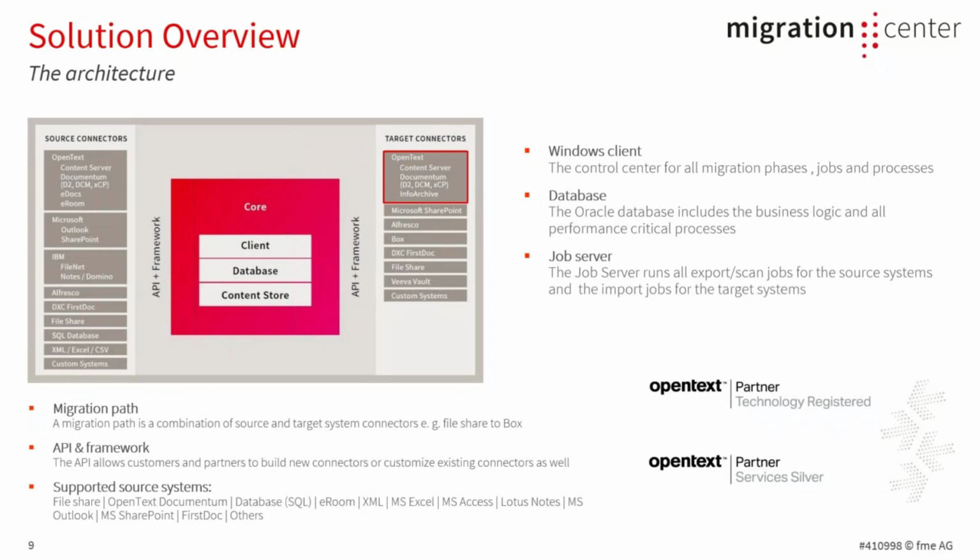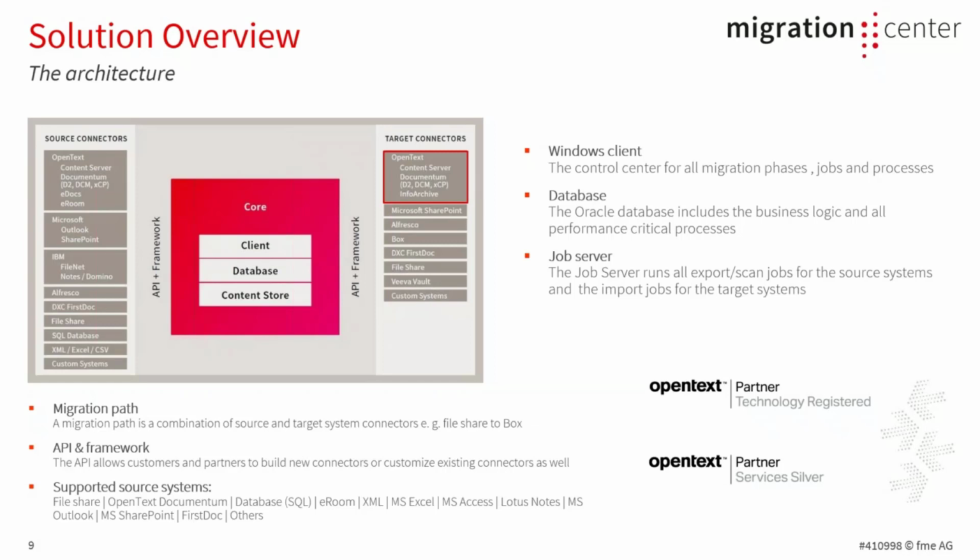We have a central database in the middle, which includes the business logic and all performance-critical processes like large metadata transformation processes. And finally, we have a small server called the job server, which runs all the exports and scanning jobs, and is responsible for importing the documents into the target system.